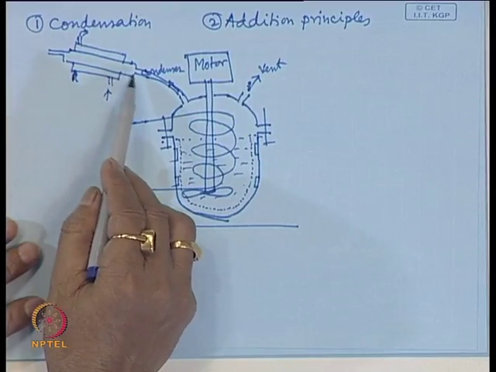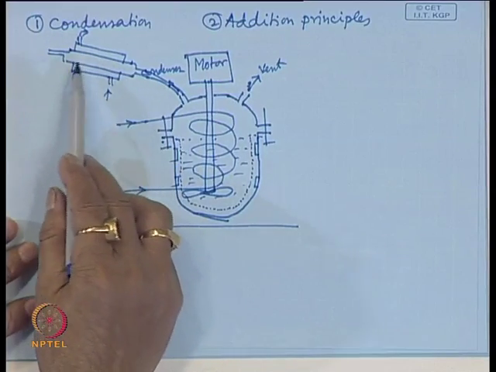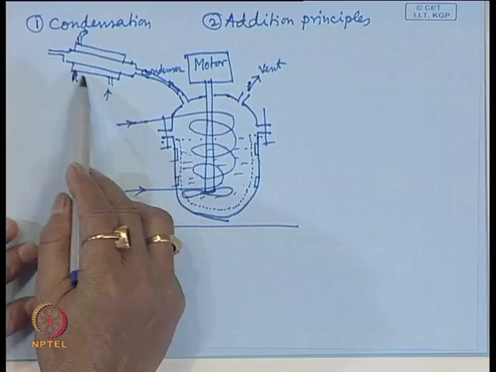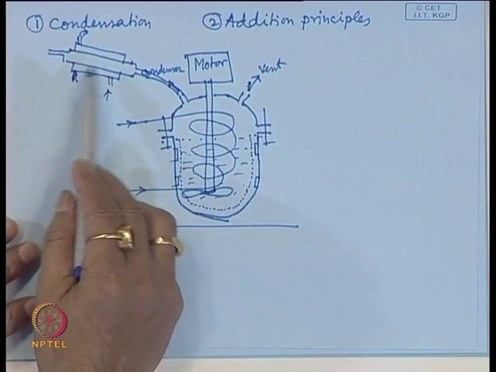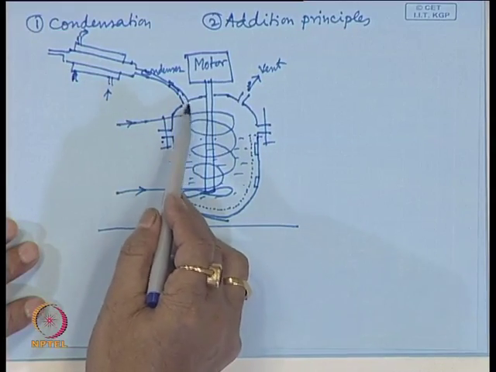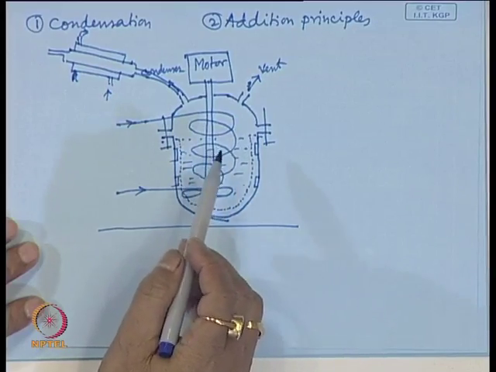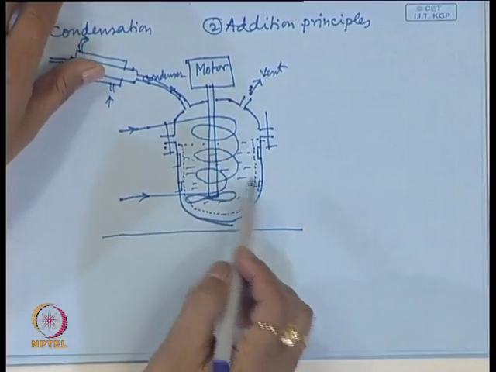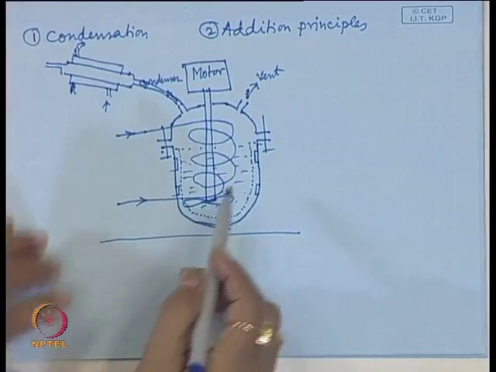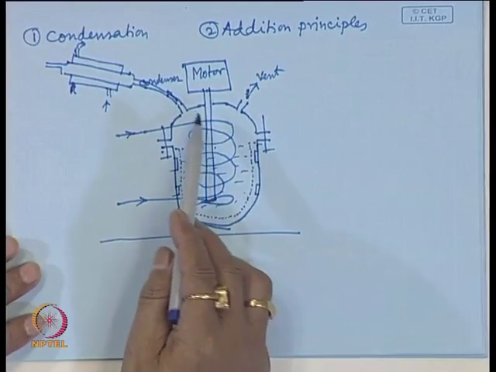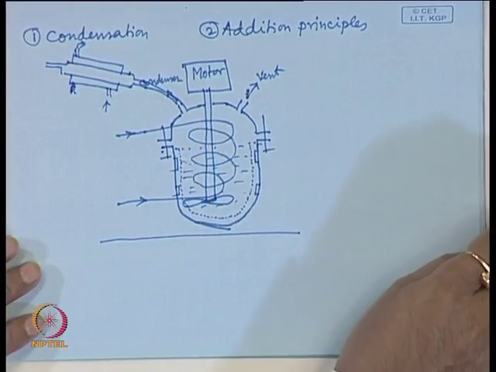So, the solvent gets condensed over here, leaving the heat in the condenser, or to the circulating medium, and it comes back. So, it maintains the viscosity of the polymer solution which is formed over here, and it provides better control of heat.